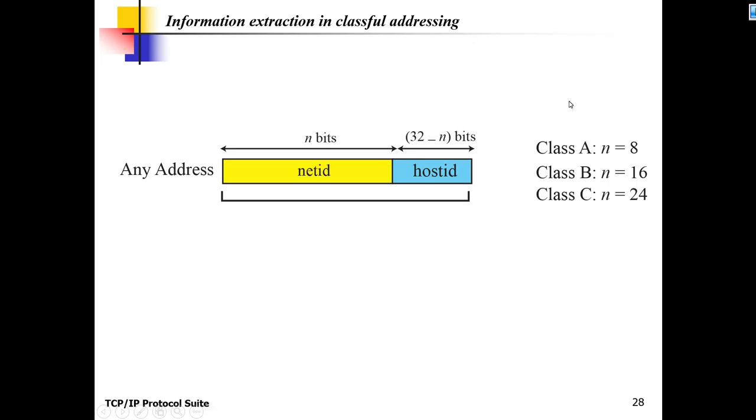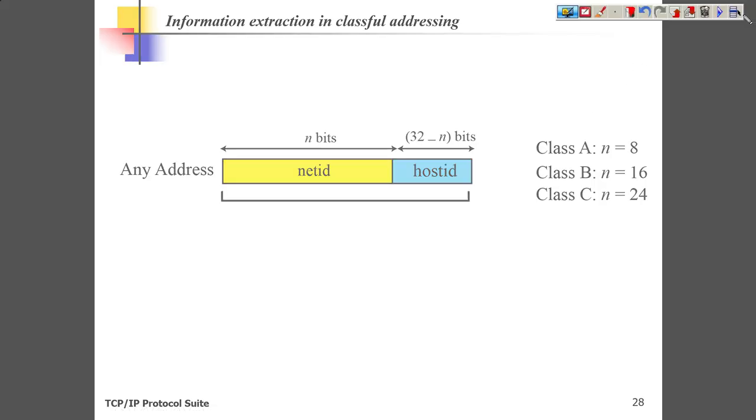Now if we want to extract information in classful addressing, such as the first address and the last address in the class, what is required? Let me write here: if you want to find the first address, then we keep the host ID bits to all 0, and for the last address, the host ID bits to all 1.